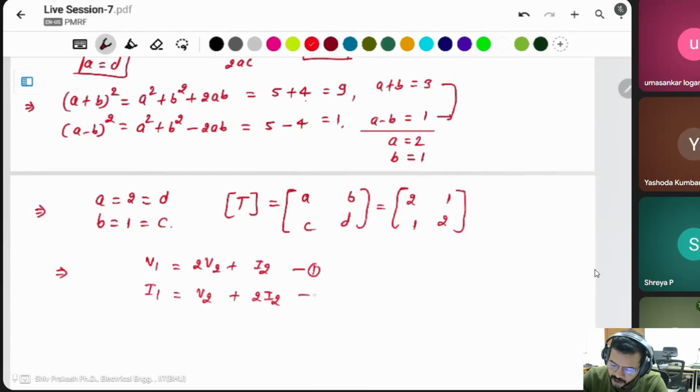These two are the transmission parameter equations. You have to find the Z parameter from these two. What is the Z parameter? It is the equation of V1 and V2 in terms of Z11 I1 plus Z12 I2, Z21 I1 plus Z22 I2.